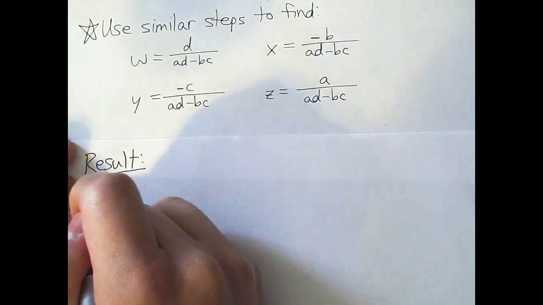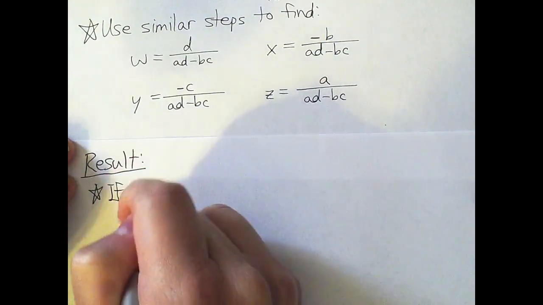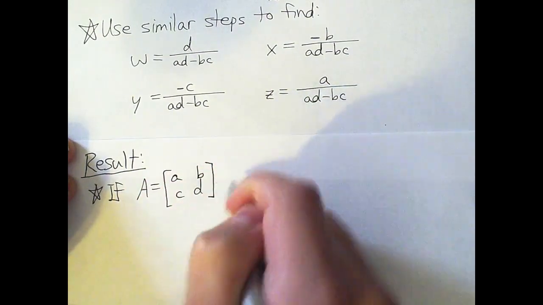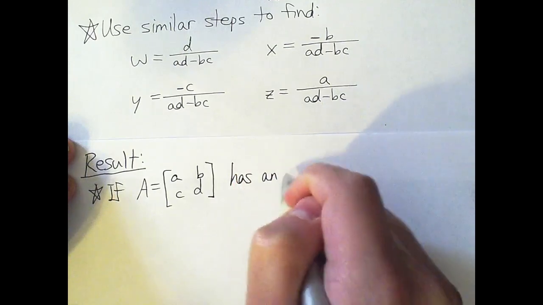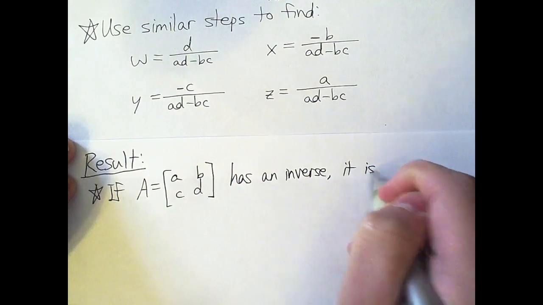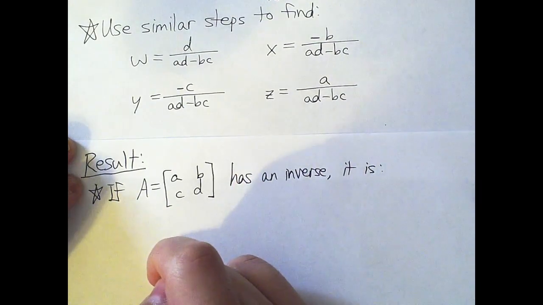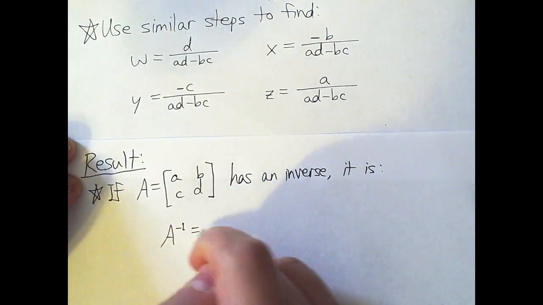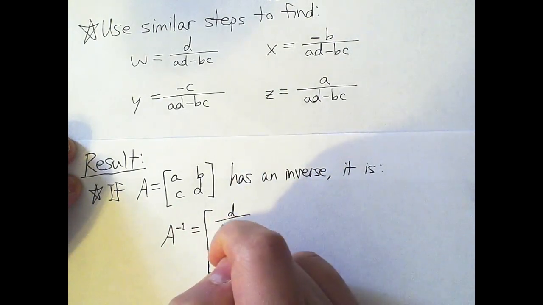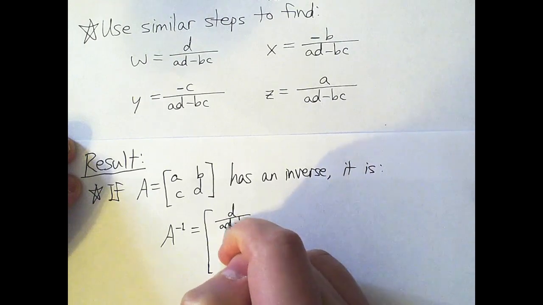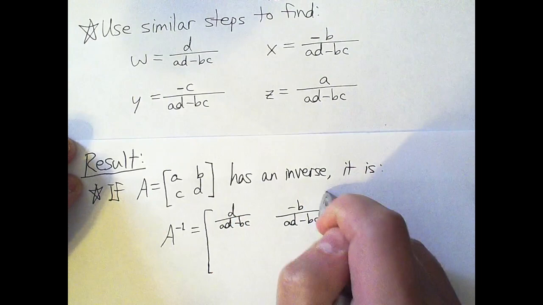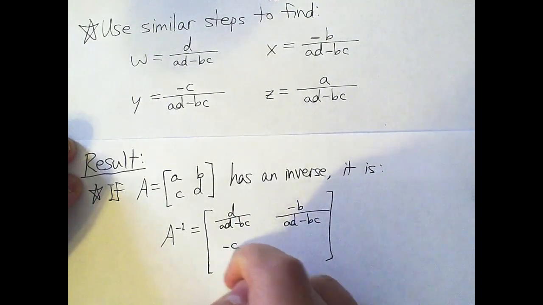But the result so far is if A equals ABCD has an inverse, it is, well, it's this whole big thing, right? D over AD minus BC, negative B over AD minus BC, negative C, etc.